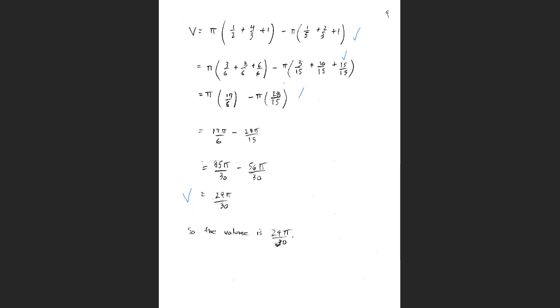The math's not hard, but the volume is going to be 29 pi over 30. Whether it's cubic inches or cubic feet, it matters, because if this is a product where you're creating volume, you want to know the exact volume because that will affect the cost of making the product. You're not interested in an approximation. If you can get the exact value for the volume, that's great.